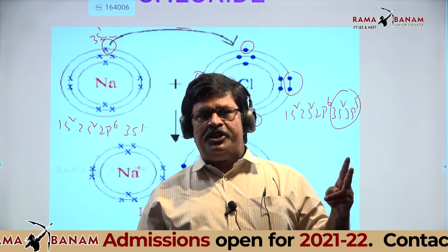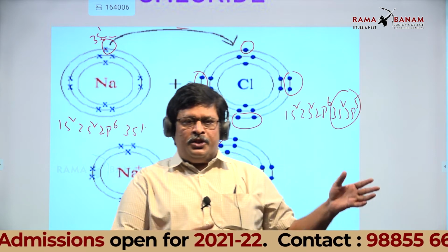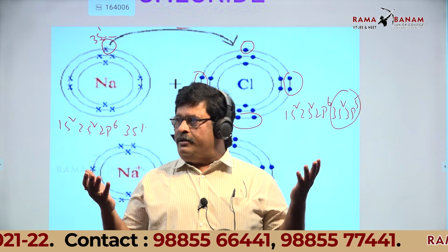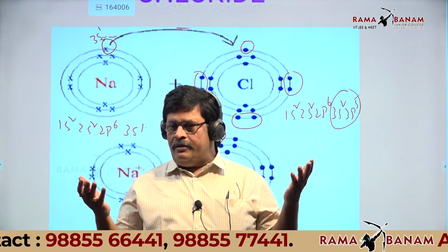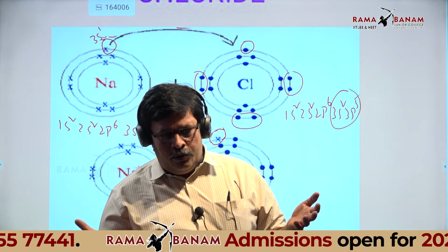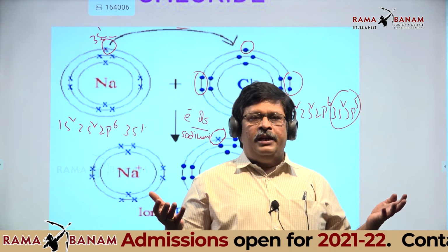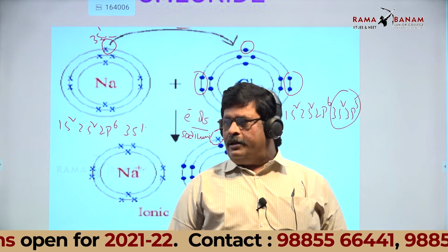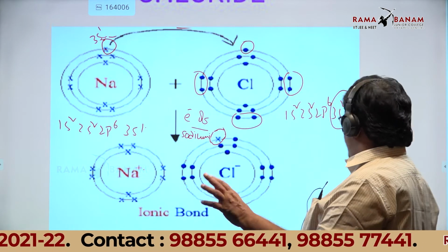I'll give 2 minutes time to you all students. Go through the notes on what we discussed. You all just go through the formation of NaCl, and if any doubt you can ask. After that only we'll continue with the covalent bond.